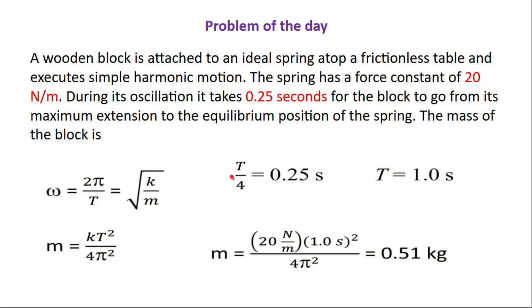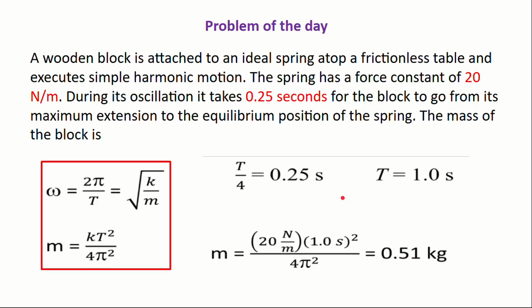So if you're going over a quarter of the period, then that means that the whole period is going to be 1 second. And then from there, it's just pretty much plug and chug. You got your mass, stick in your force constant, your spring constant, your time here, and then you divide by 4 pi squared. You get 0.51 kilograms. And I'm just going to highlight this over here because this might be very important for the exam.